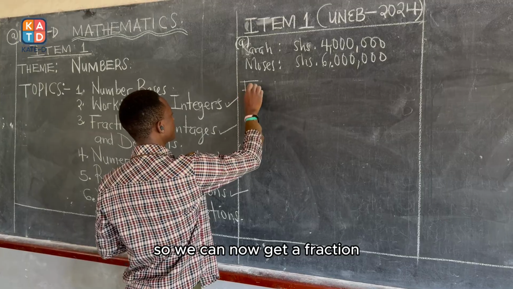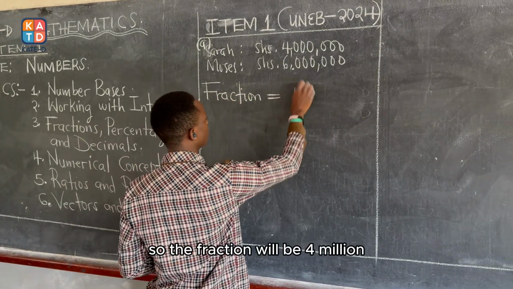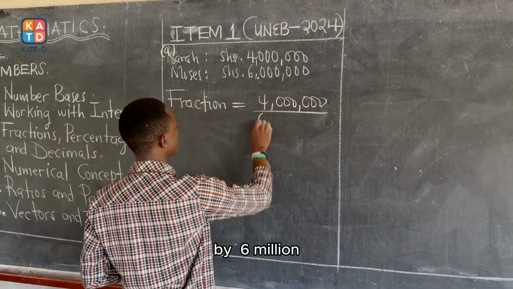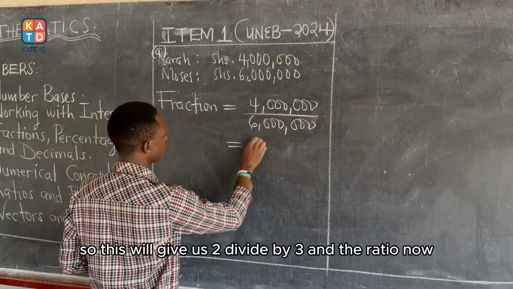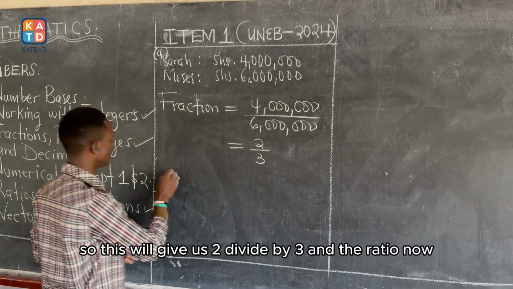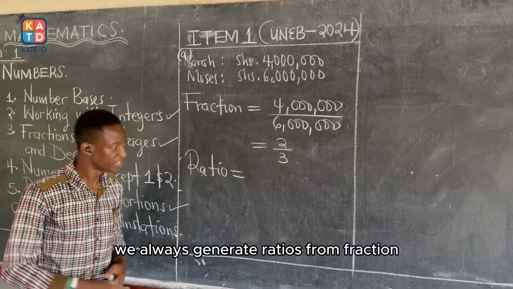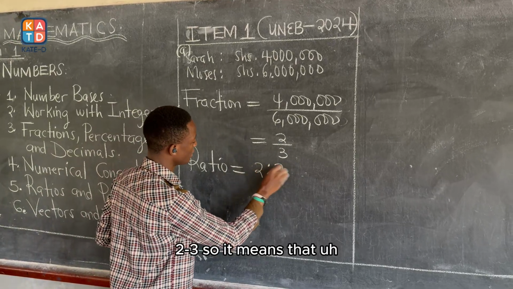So we can now get a fraction. The fraction will be 4 million divided by 6 million. So this will give us 2 divided by 3. And the ratio now, we always generate ratios from fractions. So we can now see that the ratio is 2 to 3.